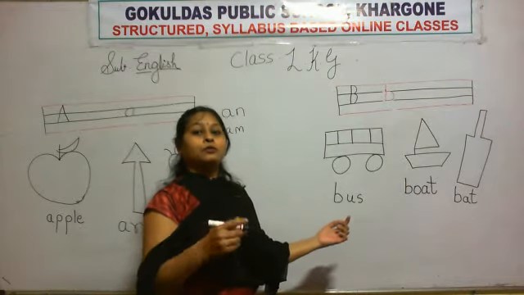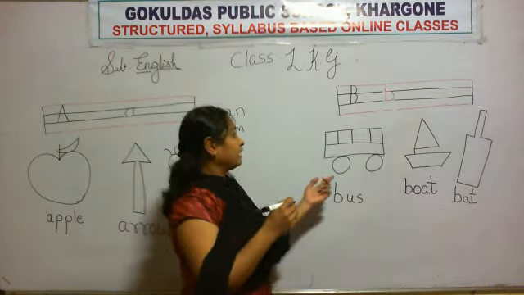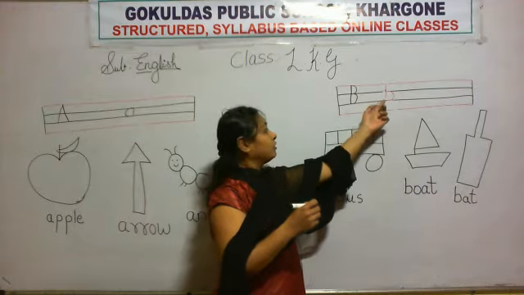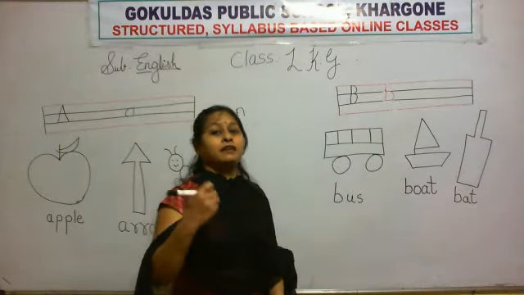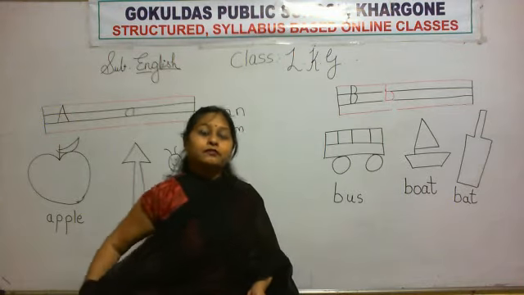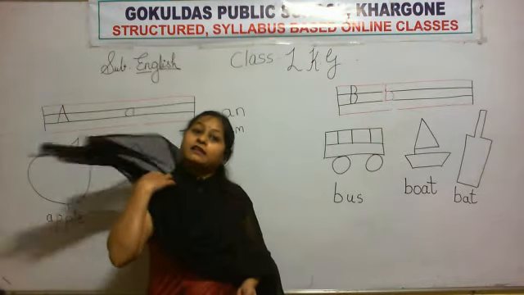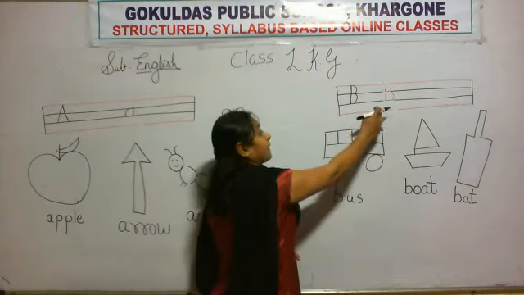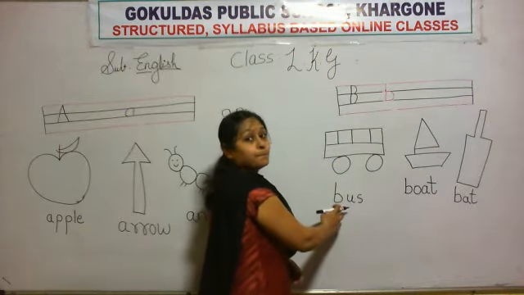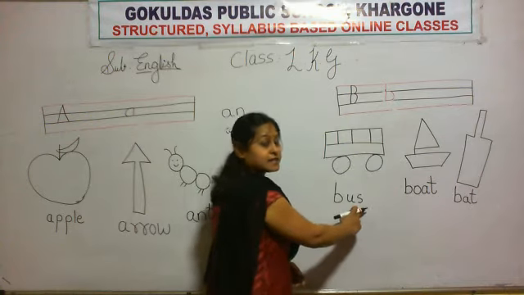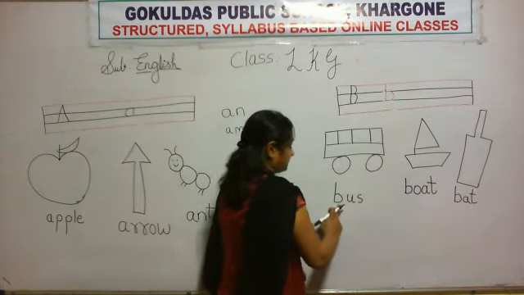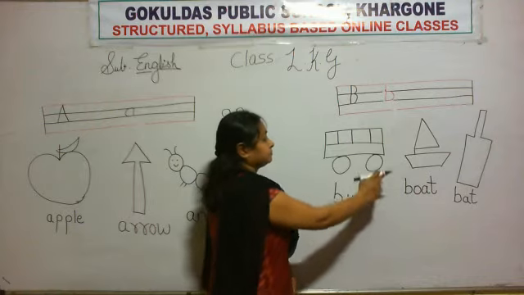Okay, whenever you write letter B, ba, you have to say also. You have to say and write. Ba, bus.